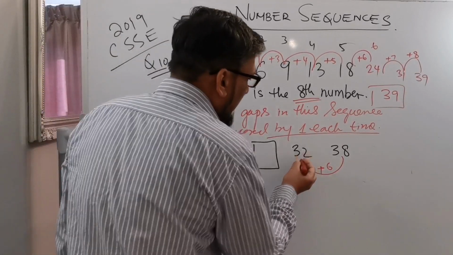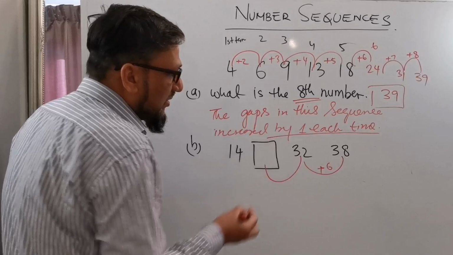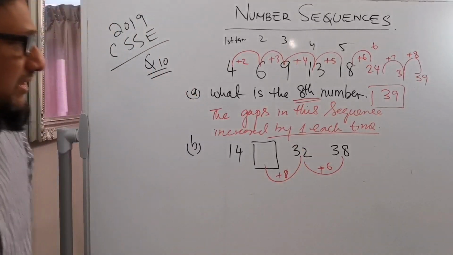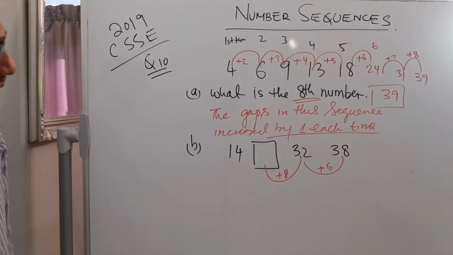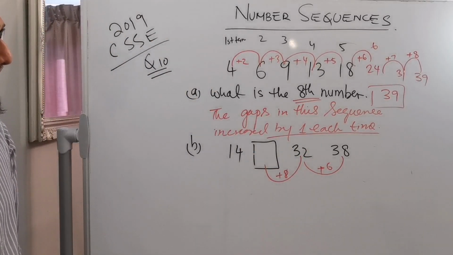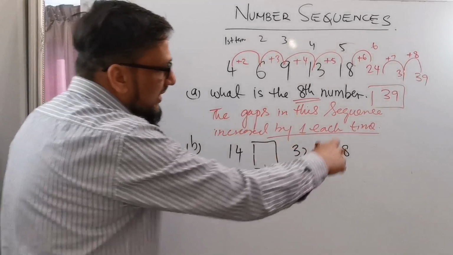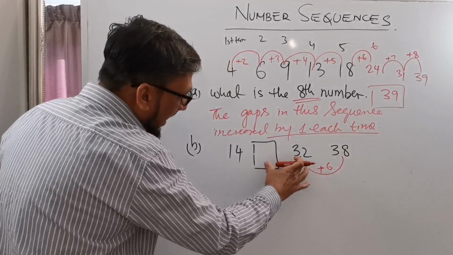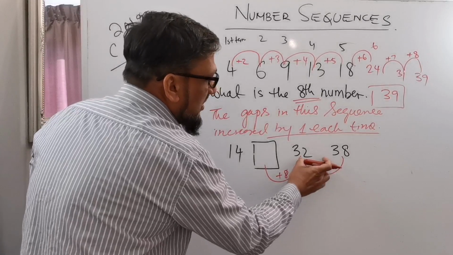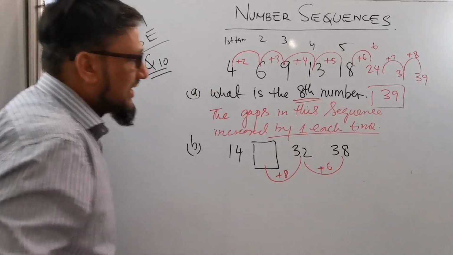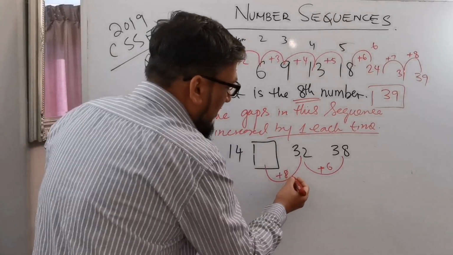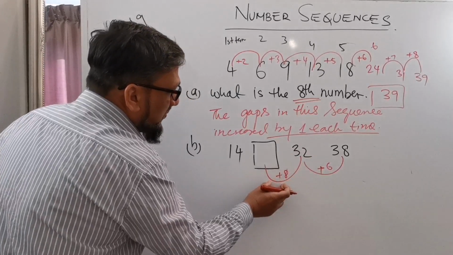So it means the difference before this will be plus 8. Whatever number goes here, we add 8 to make it 32. Because every time the gap between two numbers is reducing by 2, the difference between these two numbers is 6, so 32 plus 6 to get 38, and this gap is 32 plus 8.